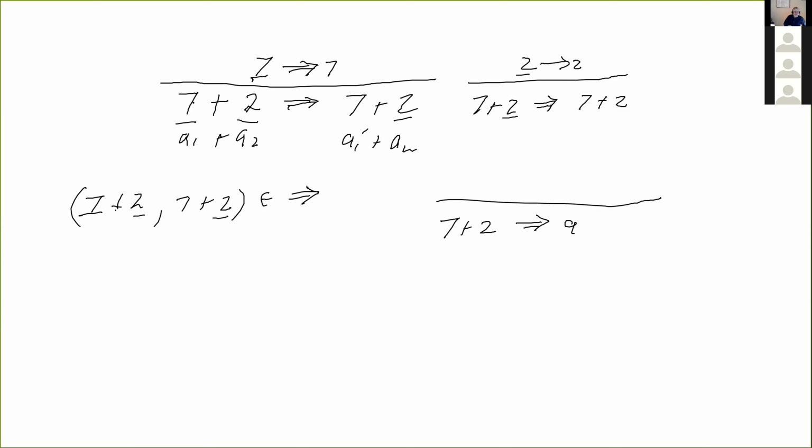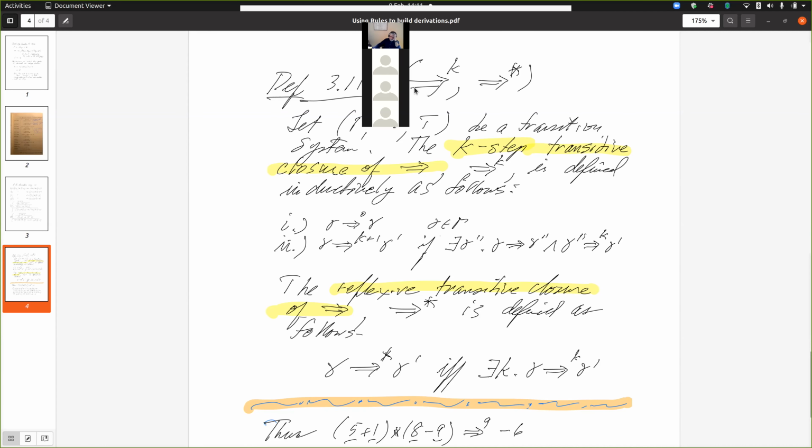That was the rule that says V1 plus V2 evaluates to V. This concept of taking K steps in a small step semantics is super important. If you add the star there, what you're taking is 0 or more steps following this relation along.